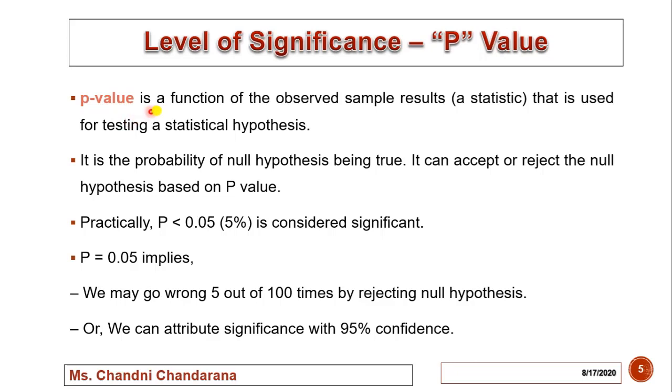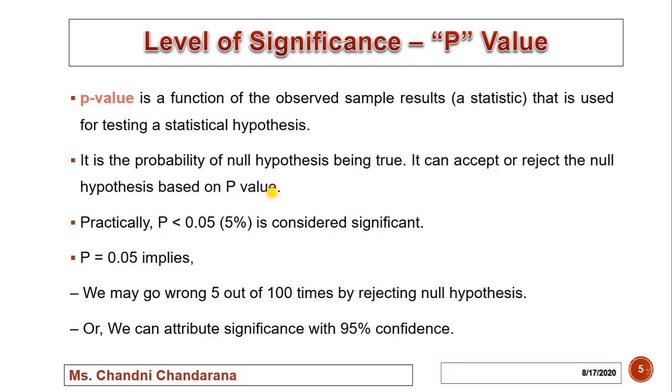So what is p-value? It is a function of observed sample results that is used for testing a statistical hypothesis. It is the probability of the null hypothesis being true. P-value is nothing but a probability, and we can accept or reject the null hypothesis based on the p-value.